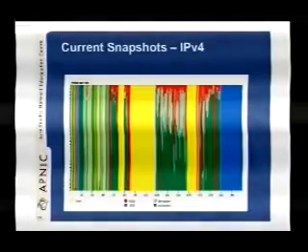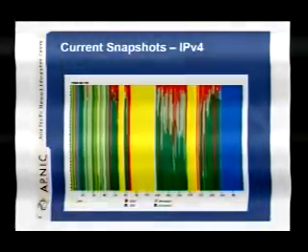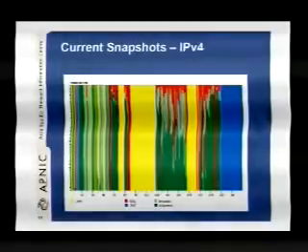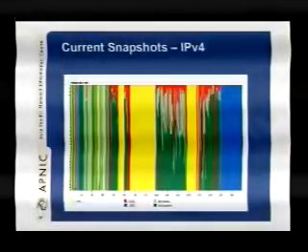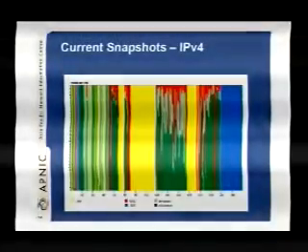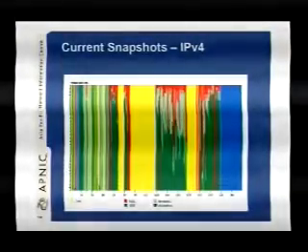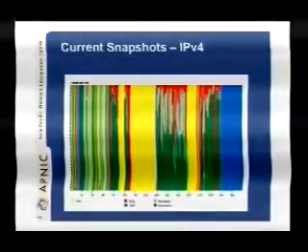The red basically represents the /8s that have been allocated to the regional internet registries. As you know, the RIRs get /8 blocks every few months, so you see those appearing quite clearly there, on the space from, say, 193 upwards, as well as around about 80 and around about 60 to 70.